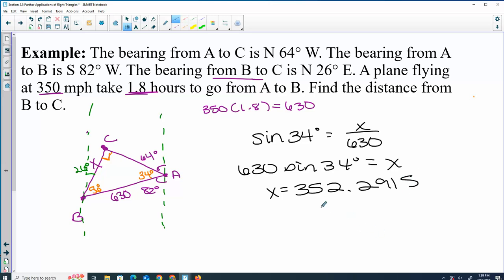If I did significant digits just to practice, how many was I given in the problem? 2. So if I rounded this to 2, I'd have to take it to 350. We were in miles.